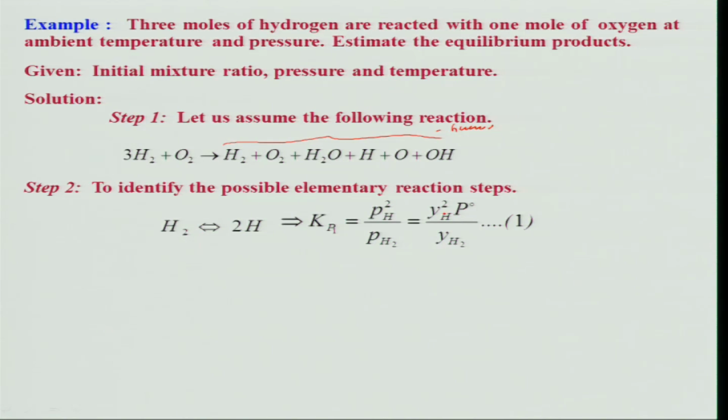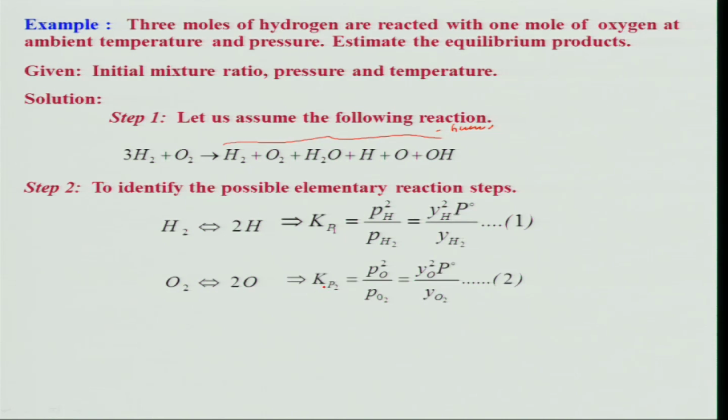If I talk in terms of mole fraction, it will be Y_H squared P naught divided by Y_H2. Why is it so? Because the P naught is cancelled out in the denominator. Are you getting my point? So this is our equation 1, and similarly I will take oxygen going to 2O, O2 going to 2O.